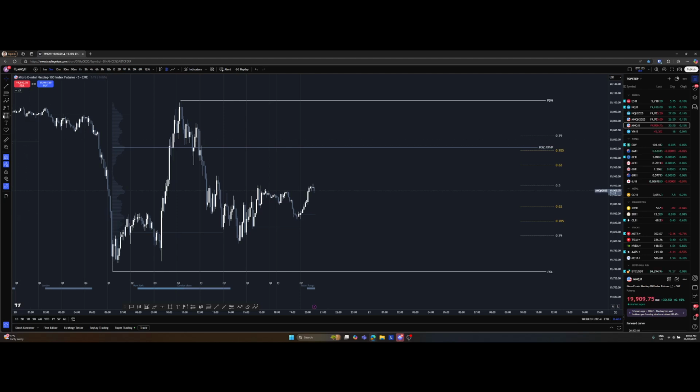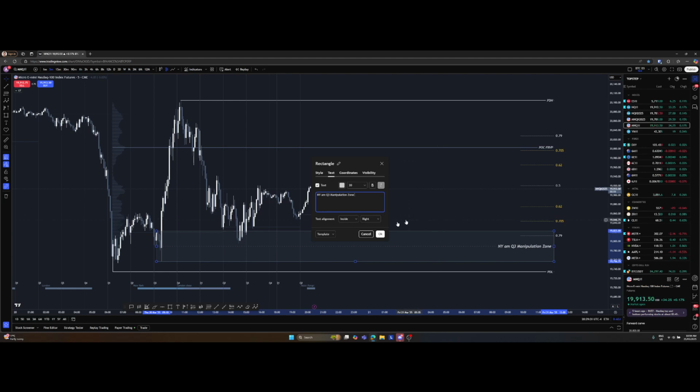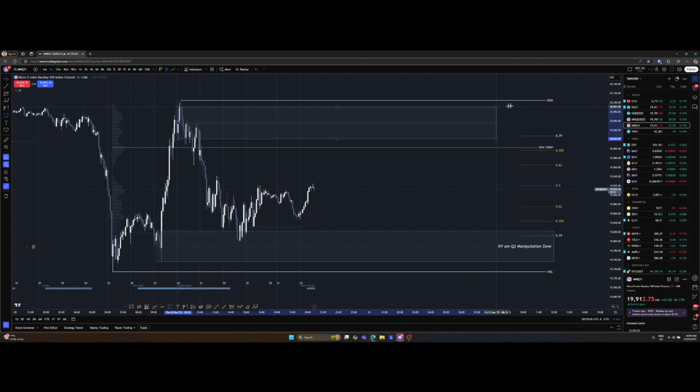We have our Q3. There's a Q3 manipulation swing here that was responsible for this break. I'm going to drag that across. NYAM Q3 manipulation. And we want to get that high one from Q4 was here.